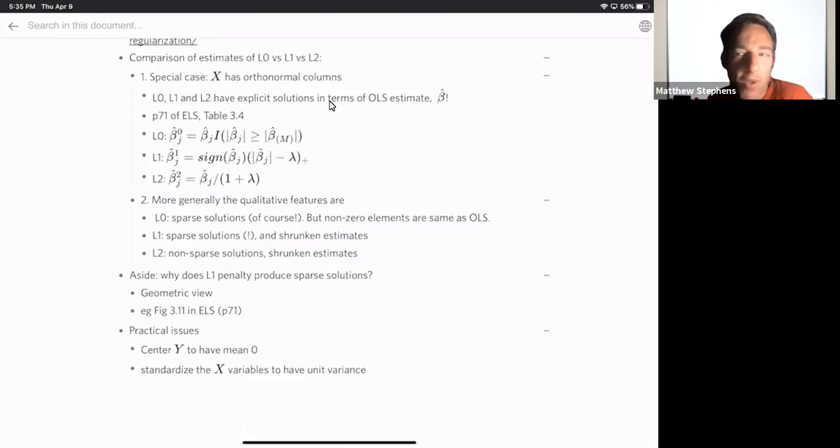Actually, most software that fits these models does that for you automatically because it's so common to want to do that. The only time you might not want to do that is if you already know the X's are comparable to one another in some way. So in some problems I work on in genetic data, the X's are genetic variants.